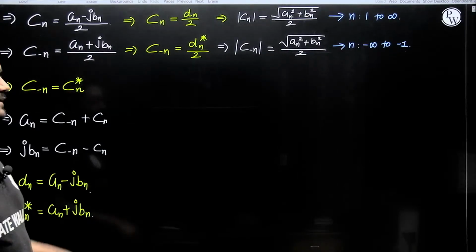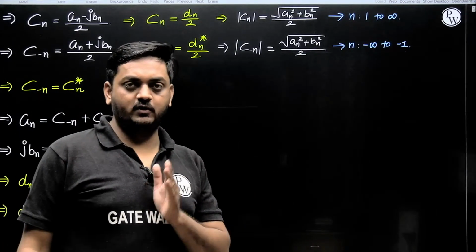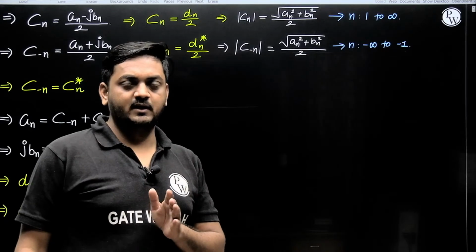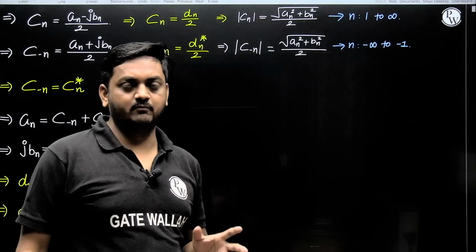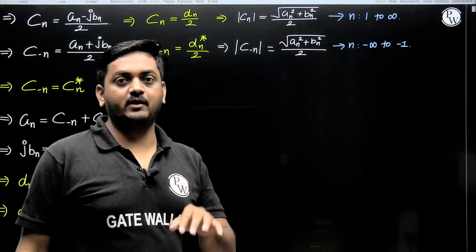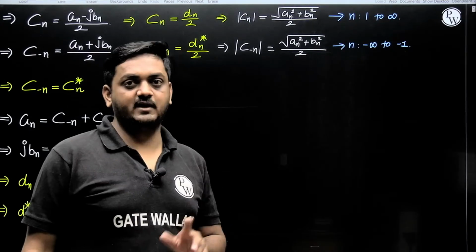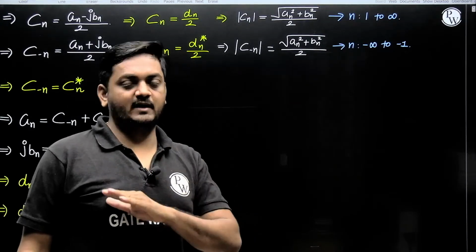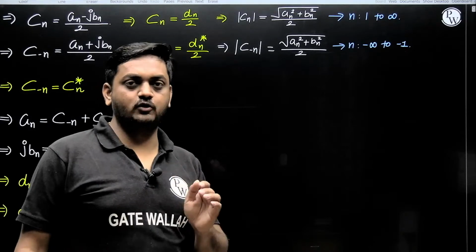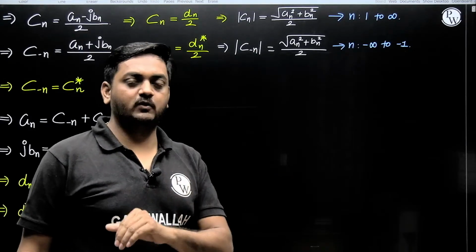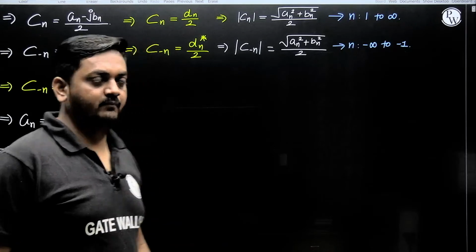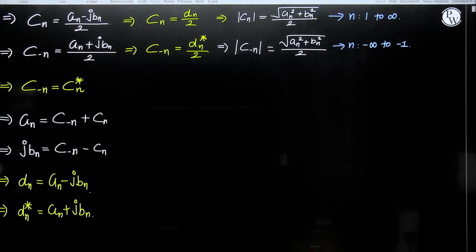Are you getting? C minus n is for the negative value of n, negative frequency, and for the positive value of n, C. But magnitude wise same. You can say magnitude spectrum is even, guys: right sided magnitude and left sided magnitude are both the same. That means magnitude for the positive value of n equals magnitude for the negative value of n. Okay, that we will draw guys.